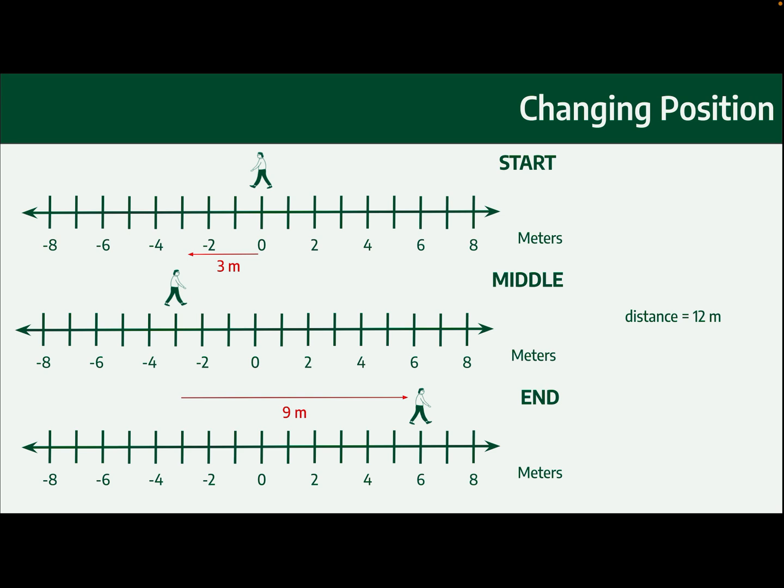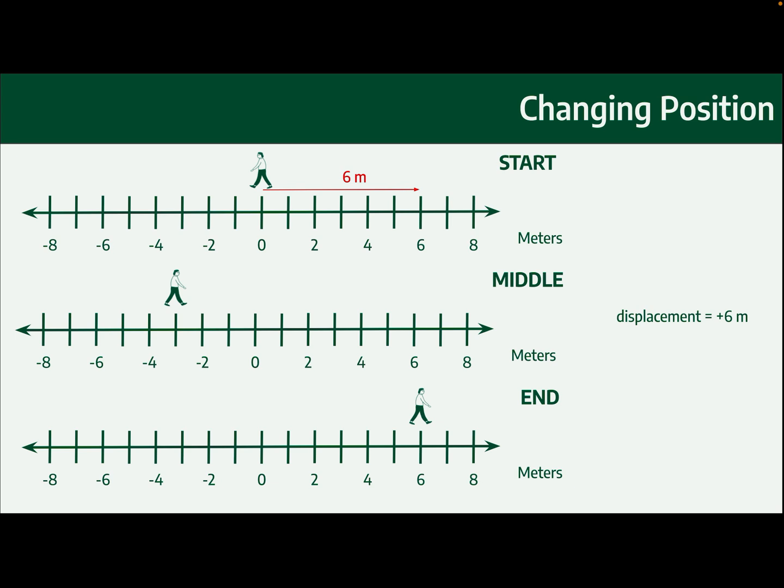If I, however, go and ask what about displacement? Well, displacement only really cares about where I started and where I ended. Even though I went 3 in the negative direction and then 9 in the positive direction, really what I did was go 6 in the positive direction from start to end. And that's all displacement really cares about throughout the whole process.